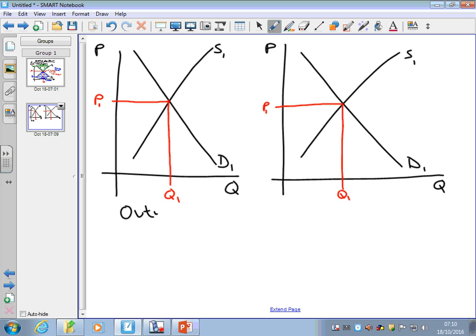If we were to have an outward shift in demand, then what will happen is, same as before when we looked at topic 2, demand will move outwards. Okay, now look at the problem that you now get.